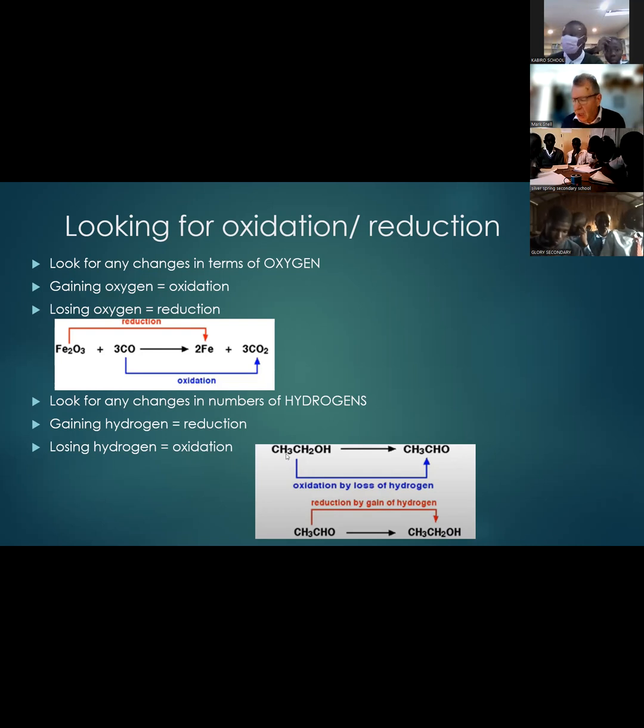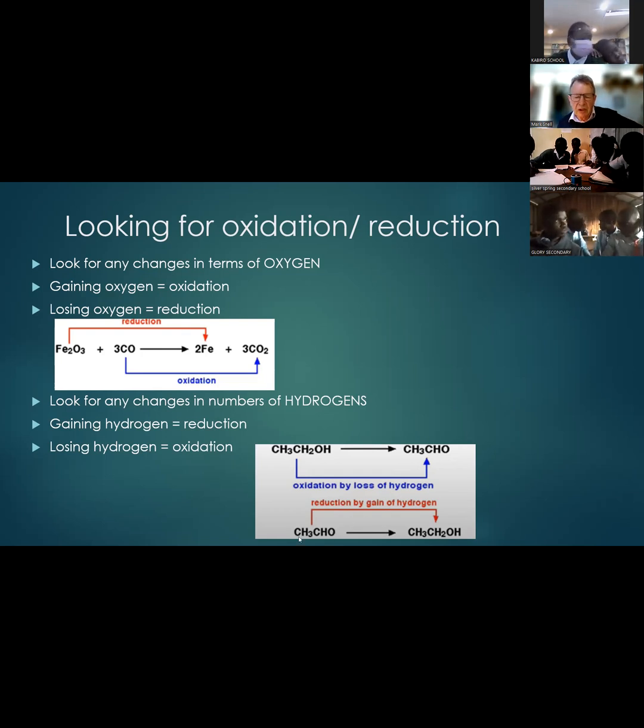If you count this up, if you look at the chemical on the left here, you will find that it is C2H6O. But the one on the right is only C2H4O, so it has lost 2 hydrogens. Losing hydrogen is the same as gaining oxygen, okay?